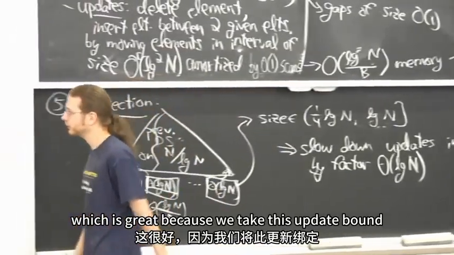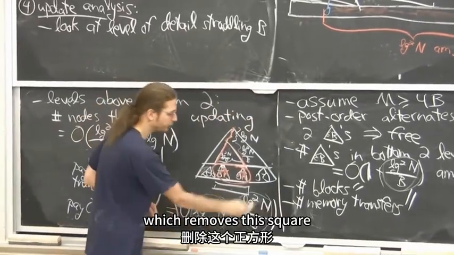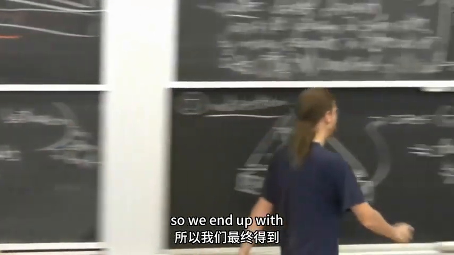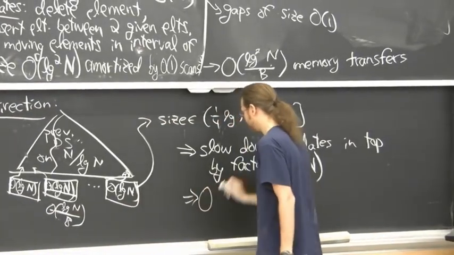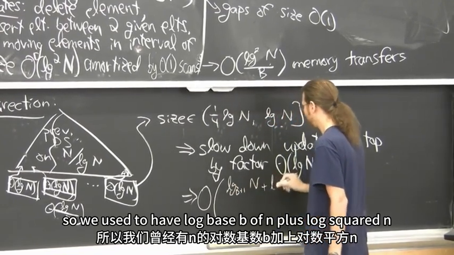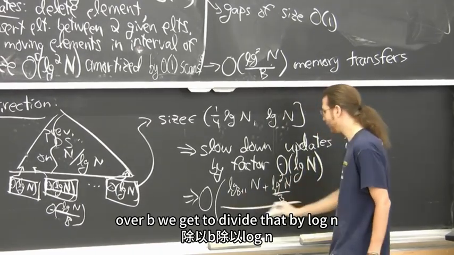Which is great, because we take this update bound and we get to divide it by log n, which removes this square. So we used to have log base b of n plus log squared n over b. We get to divide that by log n.